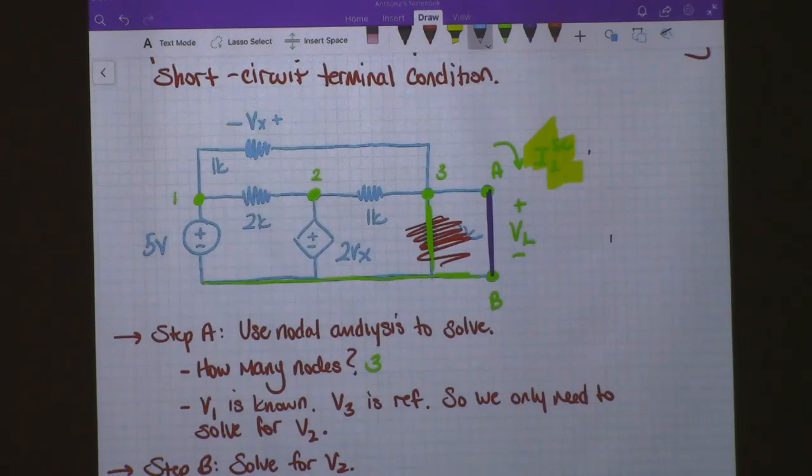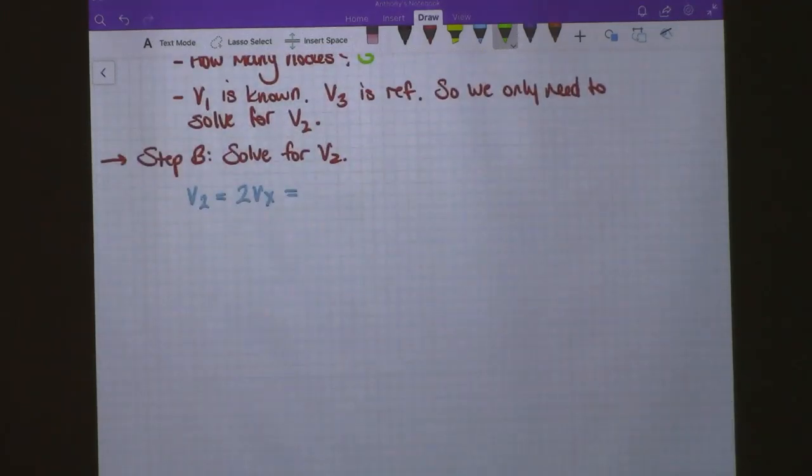And so this current right here I could call I31, which, well, actually I don't need to write it like that. The better thing to say is that Vx is equal to V3 minus V1, right? That's probably the more useful expression. Okay, so we have 2 times V3 minus V1.